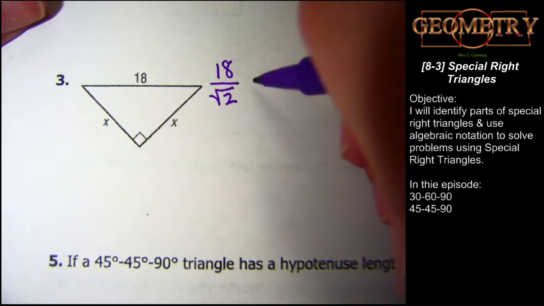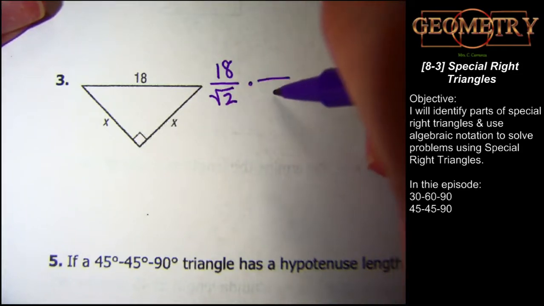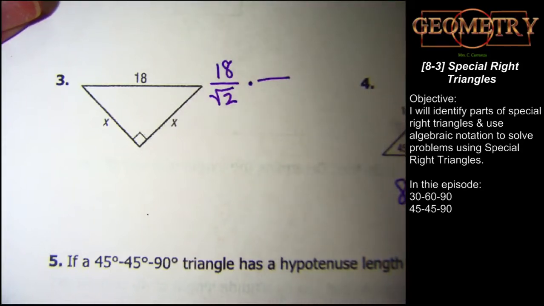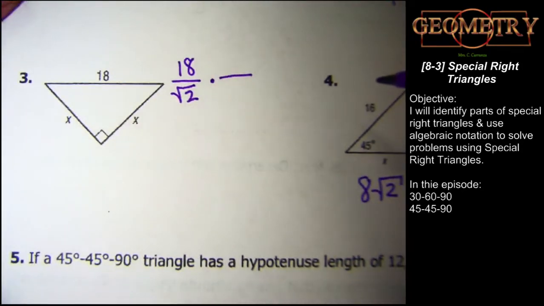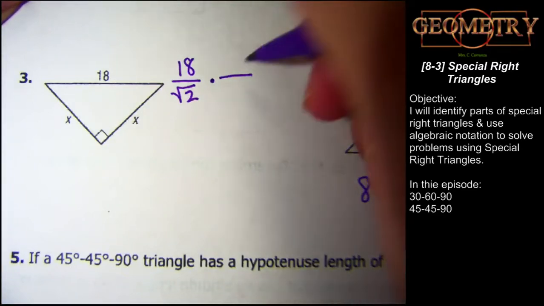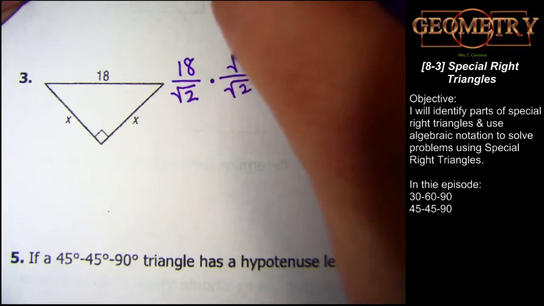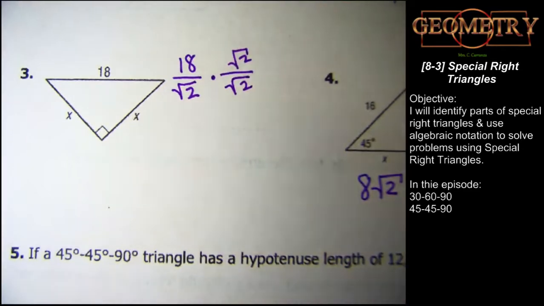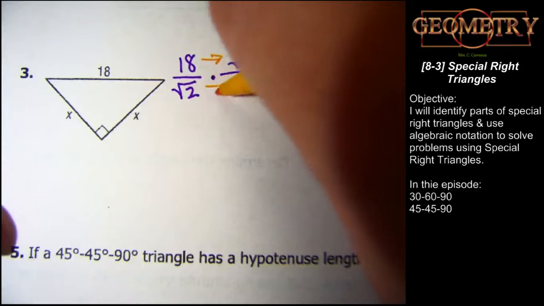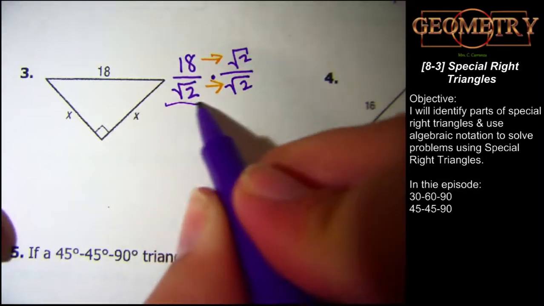So I should rationalize, which is a multiplication of 1. I'm going to look at the denominator to help me figure out what should be numerator and denominator of my fraction 1. What should I use? Square root 2. Because when I multiply straight across, my denominator becomes something that has a whole number square root.